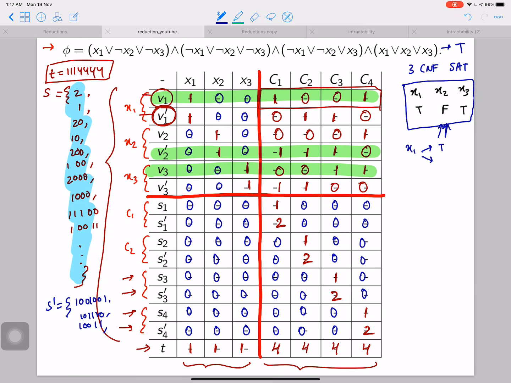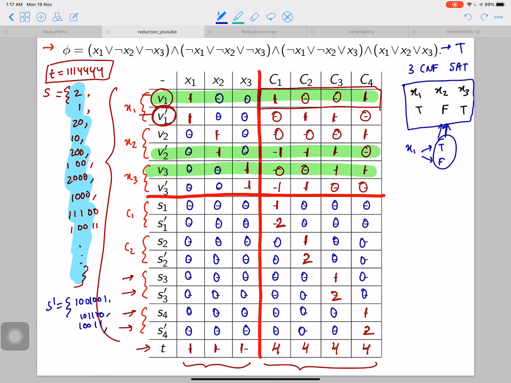Now you would see that if the 3 CNF set has a valid solution, x1 is either true or false. It cannot be both. So you can never select both v1 and v1 dash. Likewise, you can never select v2 and v2 dash. Because if you select both vi and vi dash, that would say that xi is both true and false. That cannot happen with a valid assignment for the 3 CNF set.